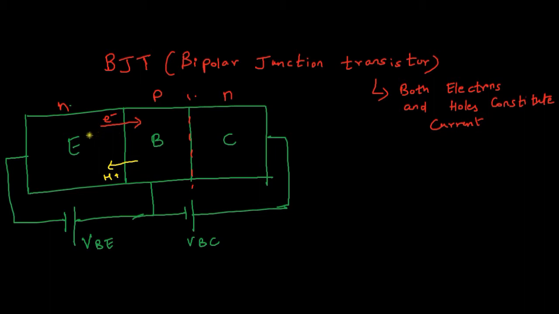The electrons will flow from the emitter to the base, because N type is full of electrons, whereas P type is full of holes, because P type dopant will have more holes. But due to the heavy doping of the emitter, more electrons will reach the base from the emitter than the number of holes which reach the emitter from the base.